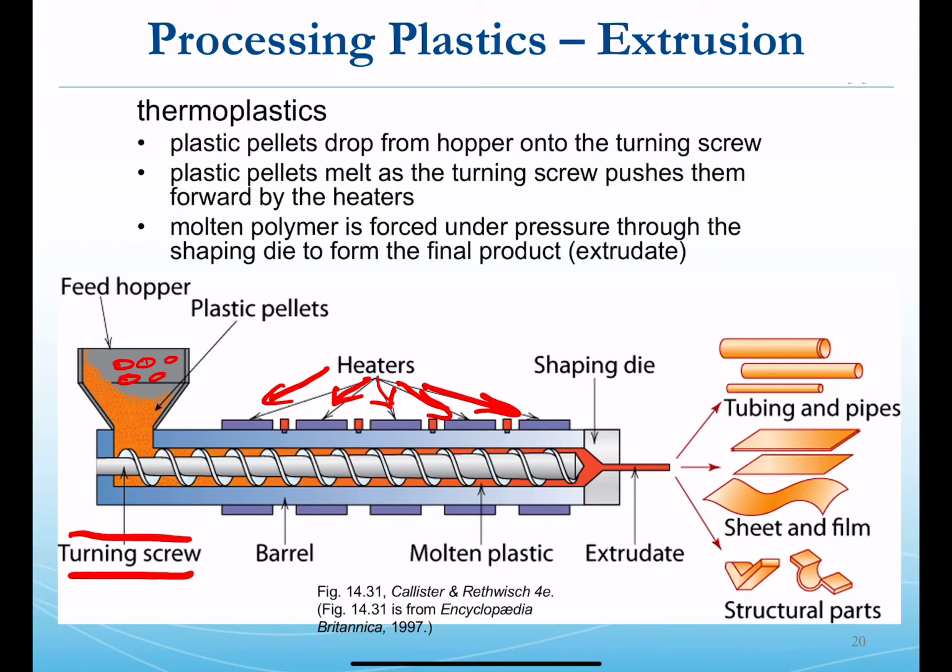The screw would also provide pressure, so the combination of heating and pressure here transitions the polymer from its solid pellet state into its molten form, clearly going above glass transition temperatures and melt temperatures, and drives the material forward. And ultimately, at the end of this screw and its barrel is a shaping die.